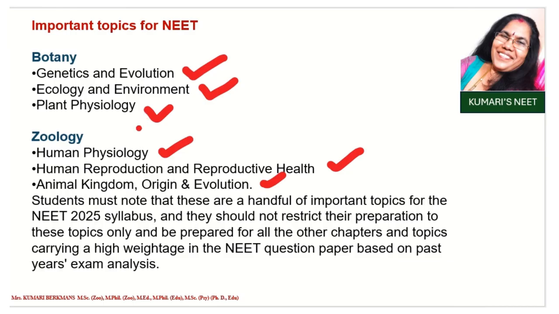In zoology, human physiology, human reproduction and reproductive health, and animal kingdom, origin and evolution are very important. But you are not supposed to learn only these; apart from this you have to go through all the other units also, then only you will get a high score in the NEET examination.